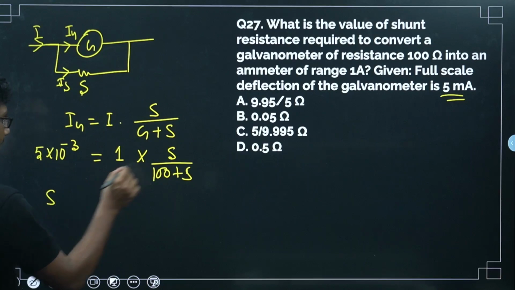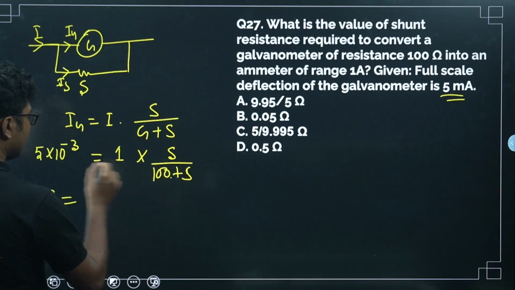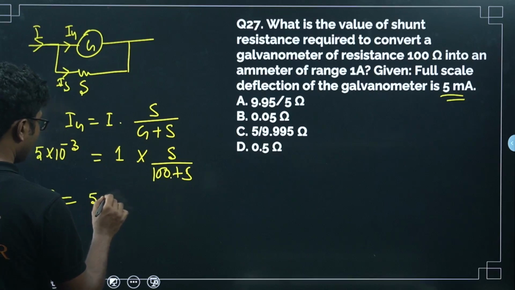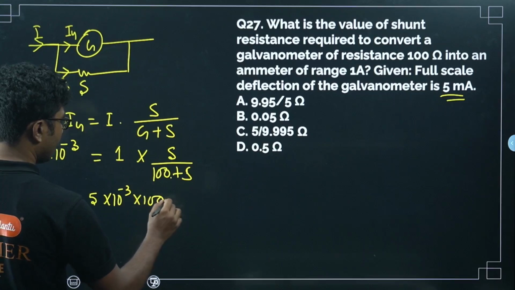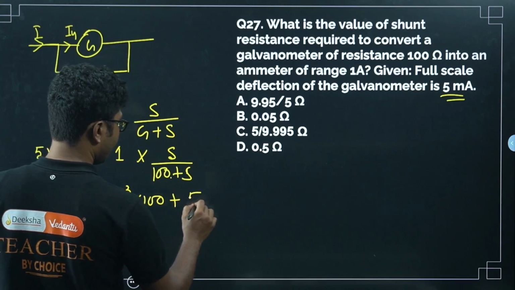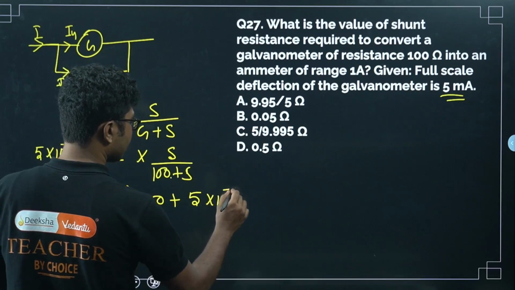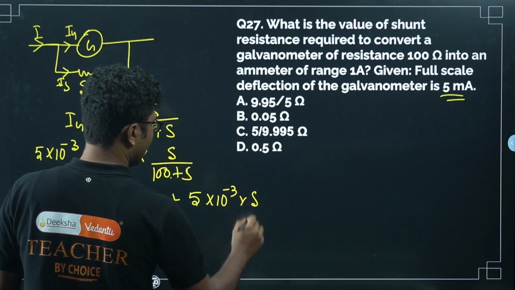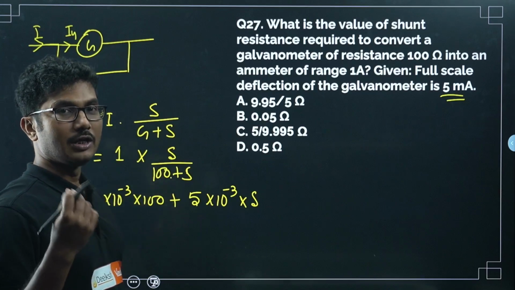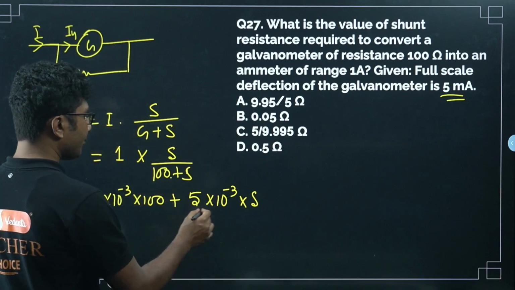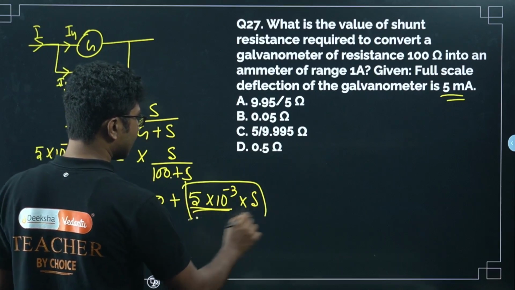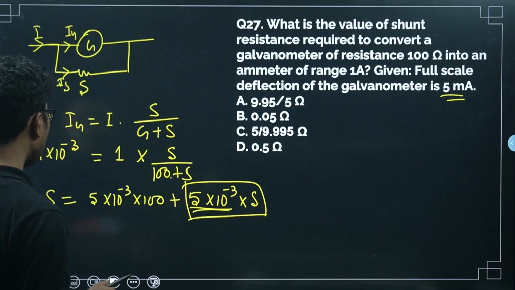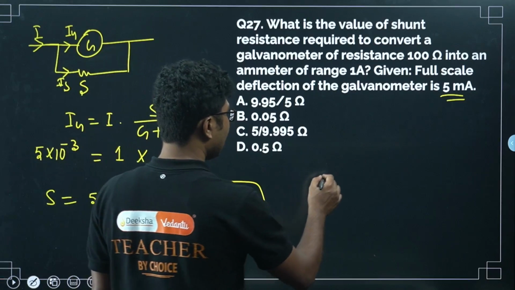So S equals to, this will come this side, 500 times 10 to the power of minus 3 times 100 plus 5 times 10 to the power of minus 3 times S. Now S is shunt resistance, it is a very low value resistance. Also if you see, this is also very low value.